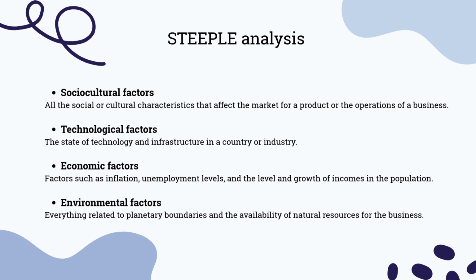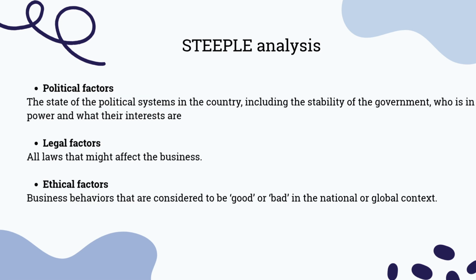Then economic factors are such as inflation, unemployment levels, and the level and growth of incomes in the population. Environmental factors are everything related to planetary boundaries, such as water, land, biodiversity, climate change, and the availability of natural resources for business.